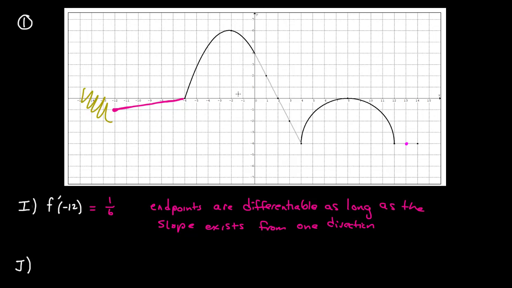Lastly, we want to determine where we have horizontal tangents. Let's see, it looks like we have not quite at -2, but a little bit to the left of that, we have a horizontal tangent. It looks like we have a horizontal tangent here. And then we have horizontal tangents for all points basically inside this range. So let's see how we're going to write this.